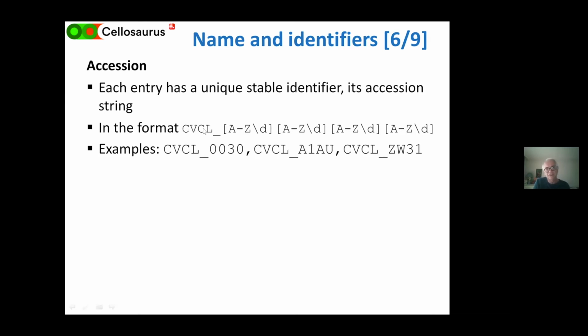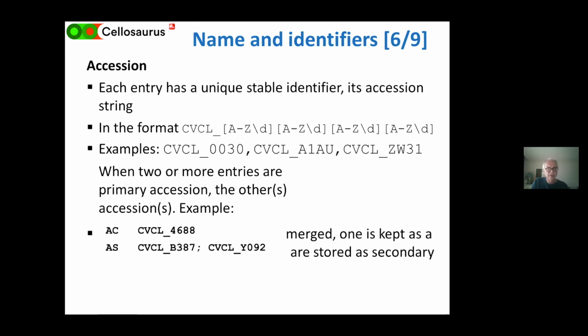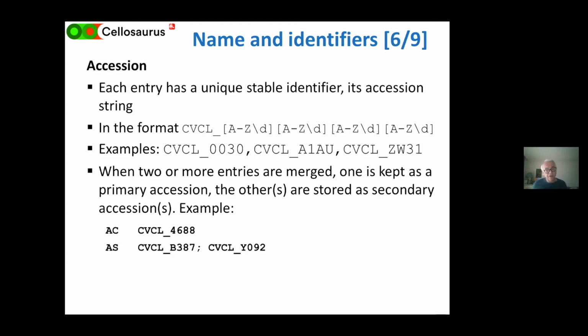That's why CVCL, people sometimes ask why. And then a four characters alphanumerical designator. And it can happen very rarely that two or more entries are merged, because we thought there were separate cell lines and we find out they're the same. And one is kept as primary accession and the others, and there could be more than one, are stored as secondary accessions. So here you have the accession number of this cell line and two secondary accession numbers.